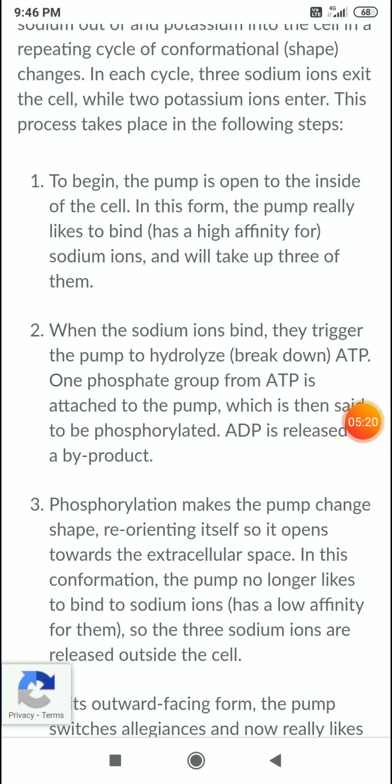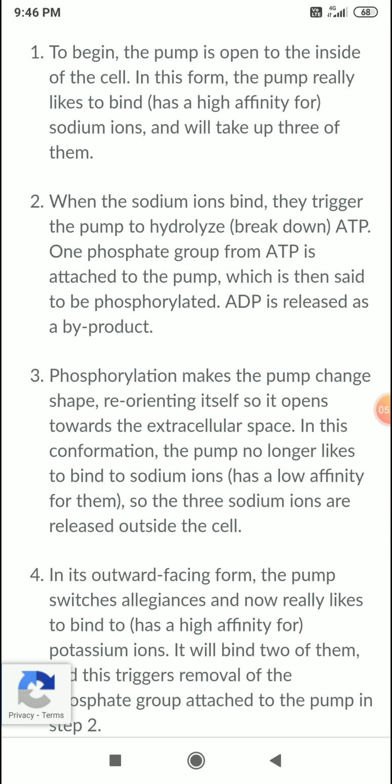Phosphorylation makes the pump change shape, reorienting itself. It opens towards the extracellular space. In this conformation, the pump has low affinity for sodium ions, so the 3 sodium ions are released outside the cell.